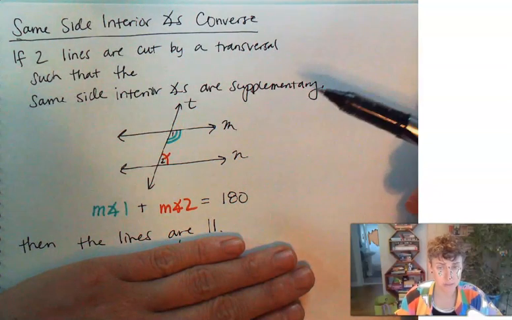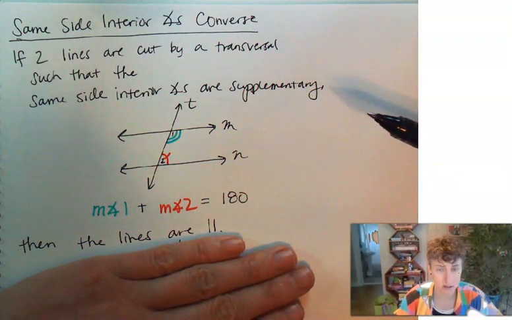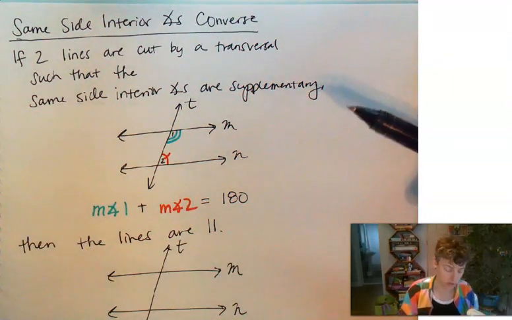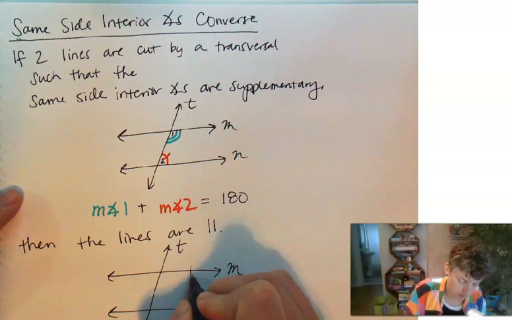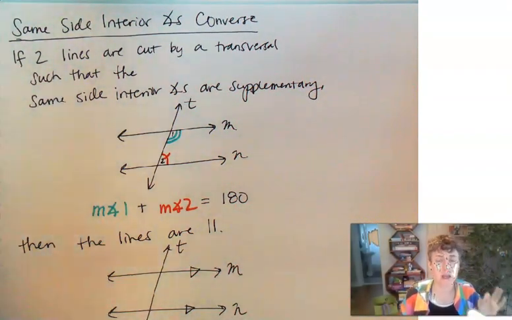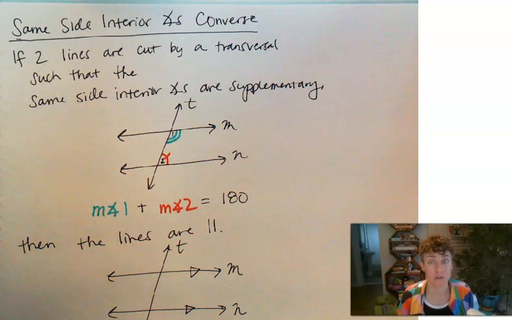If these guys are supplementary, meaning they add to 180 degrees, then those lines are parallel. So we can put our parallel markings, those arrows. Okay, those are all of your converse theorems. Those are the 4 ways to prove that lines are parallel. I think it is high time to do some examples.